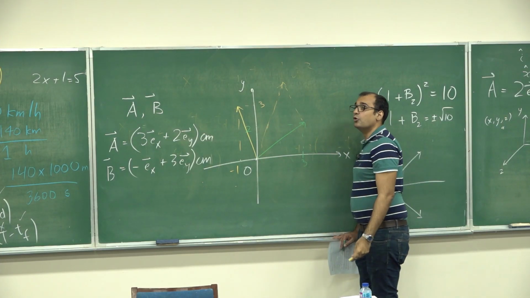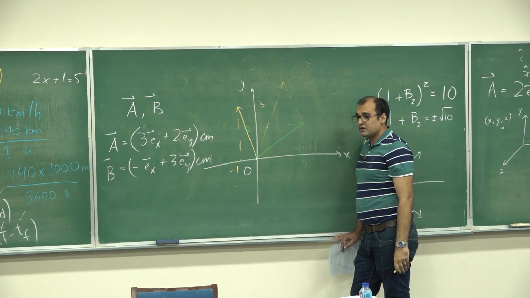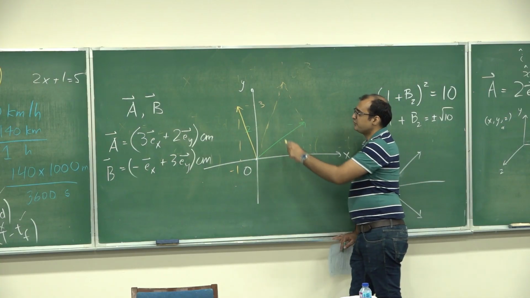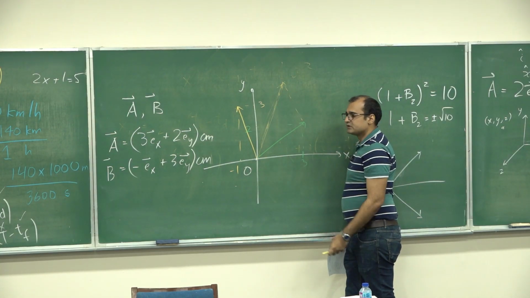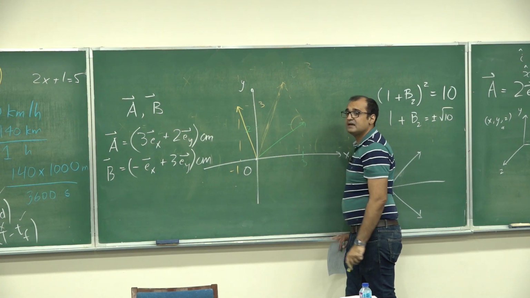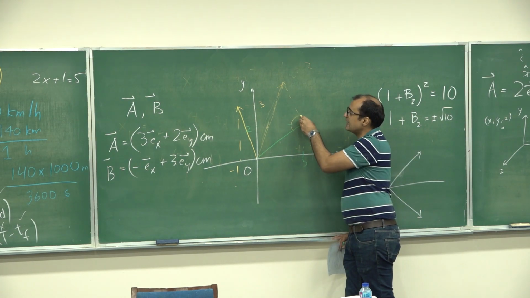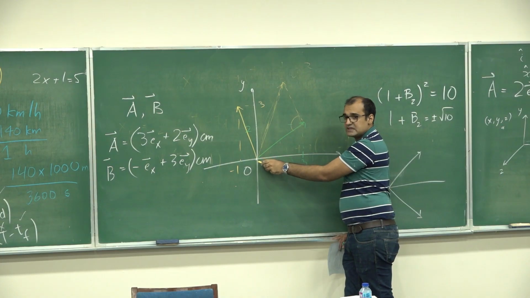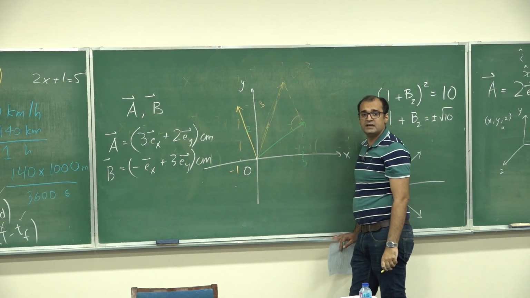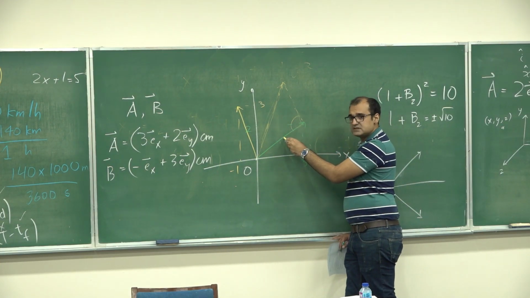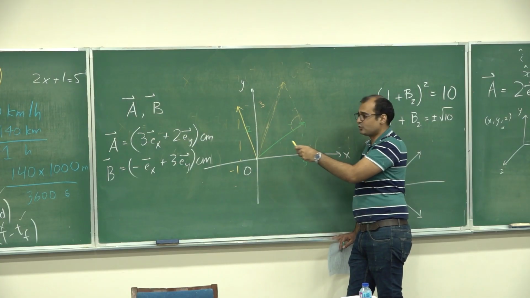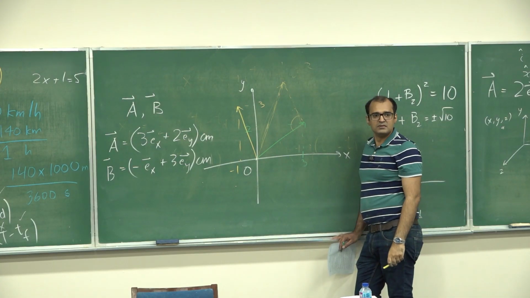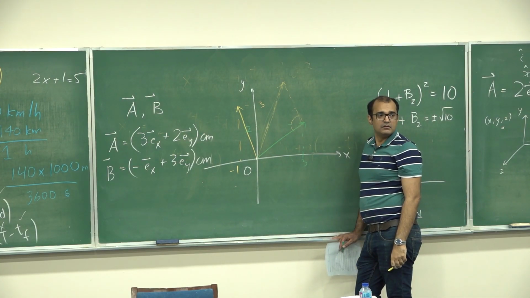Maybe this is a right angle triangle, hopefully. Probably it is not. If it isn't, I have to figure out the length of this thing. For that, I need to first figure out what this angle is. I know the length of this arrow, I know the length of this arrow. Then I have to apply the law of cosines: A squared plus B squared minus 2 times A times B times the cosine of the angle between them, and then take a square root to figure out the length of this arrow. That's a very, very long thing.